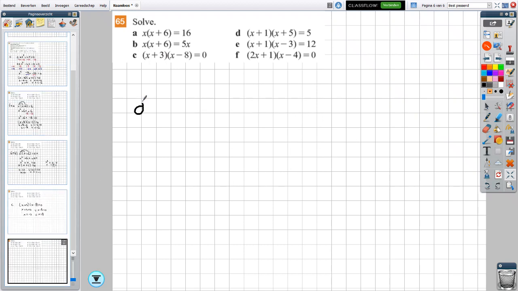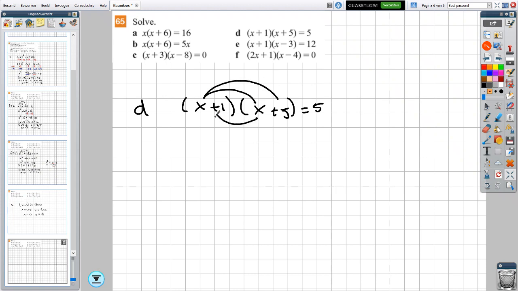And then at D, that's the last one that I'm going to show you. X plus 1, x plus 5 equals 5. Here I don't have equal to 0, so unfortunately here I do have to multiply out the brackets using the parrot-speak method, which gives me x squared, x times x, plus x times 5, 5x, plus 1 times x, plus 1 times 5 equals 5.